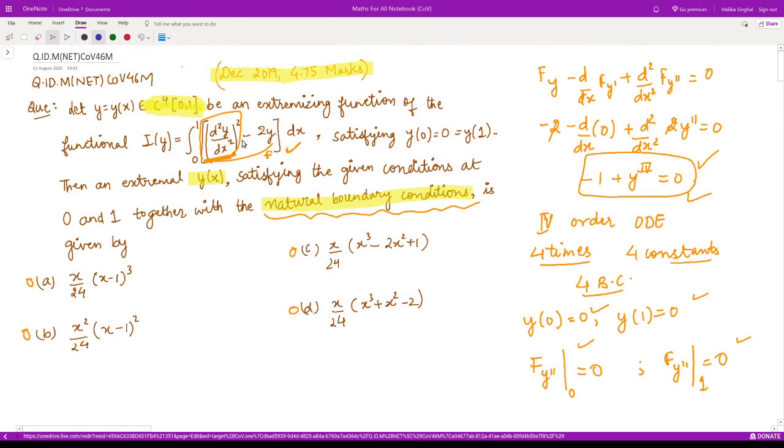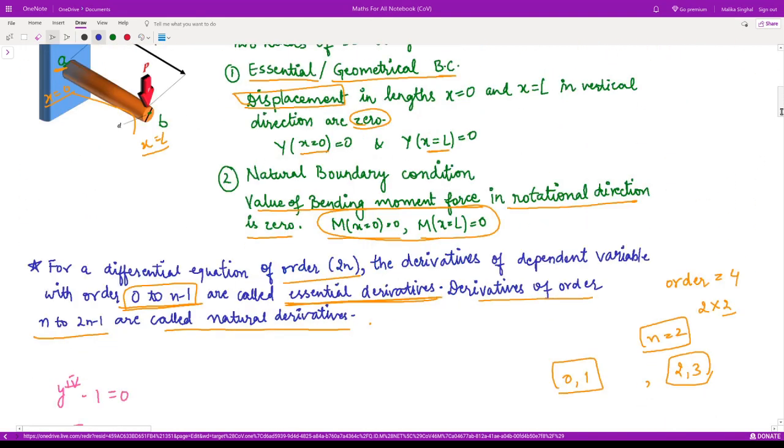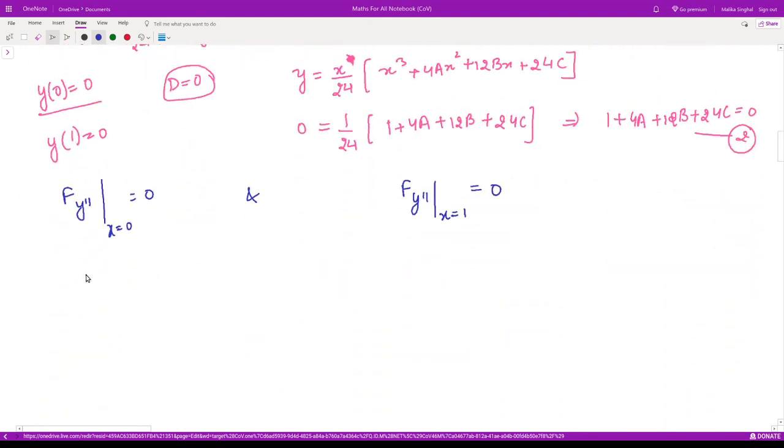Our f was y double dash square minus 2y, right? So what would be f y double dash? It would be 2y double dash, right? So let us use this. 2y double dash at the point x is equal to 0 is equal to 0, and again 2y double dash at the point x is equal to 1 is equal to 0.